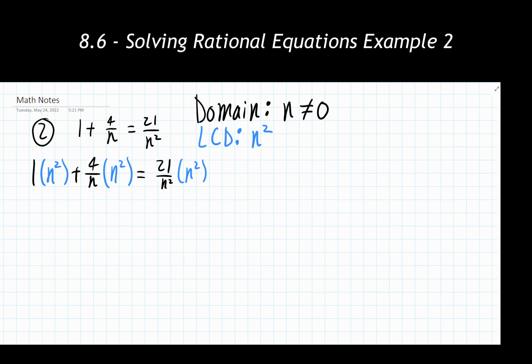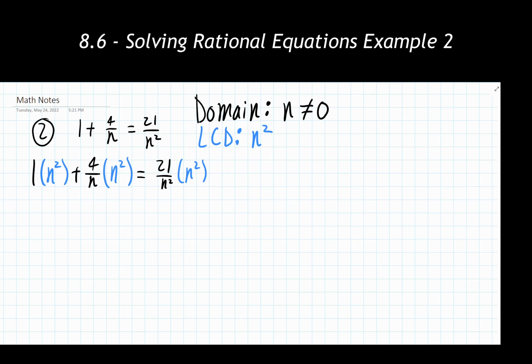And then for each of these, we're going to find that something is going to cancel with the lowest common denominator and the other denominators that are listed here. So for our first one, well, nothing's going to change. The denominator, again, is implied to be 1, so nothing's going to change there.